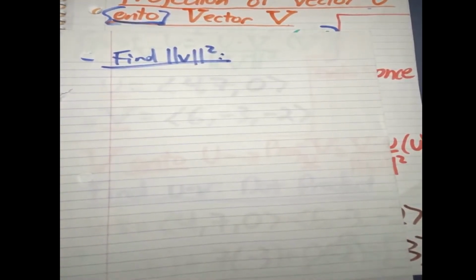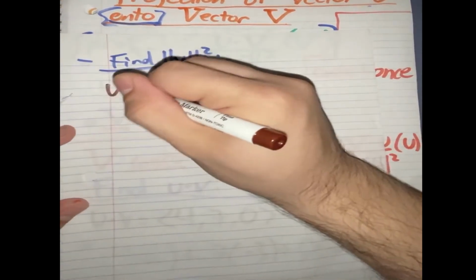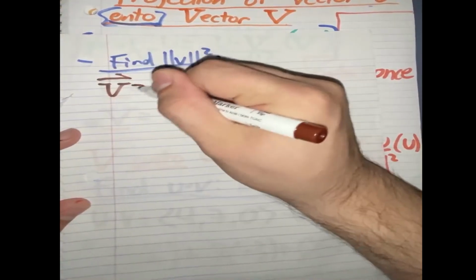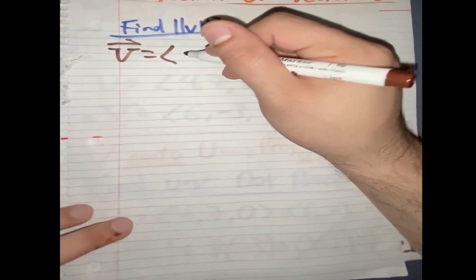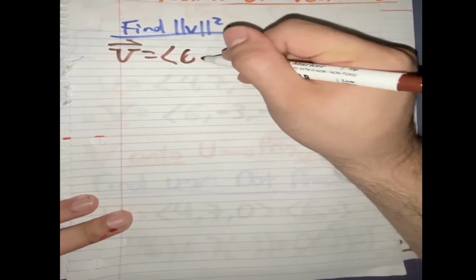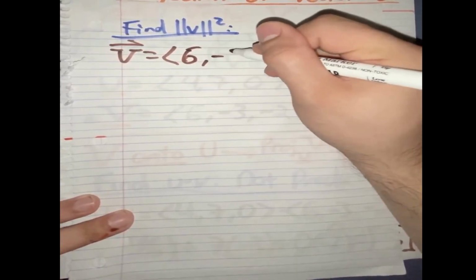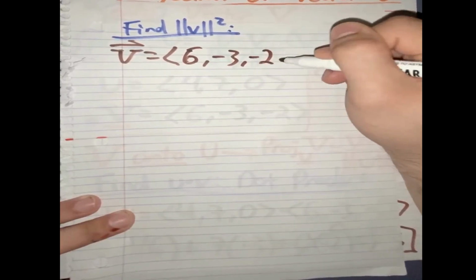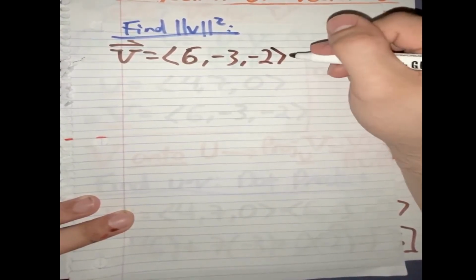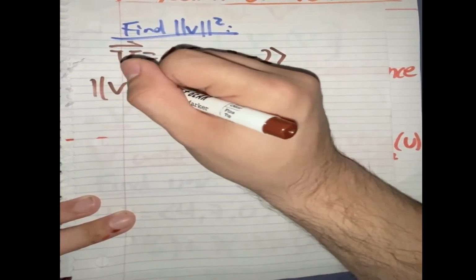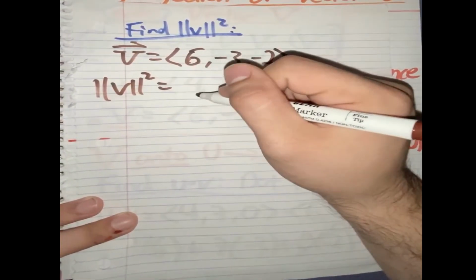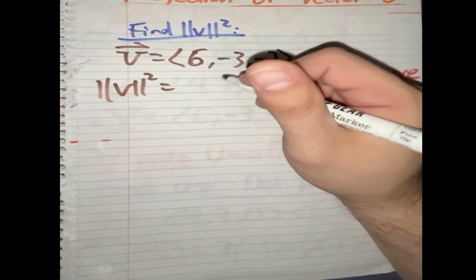So our vector v is 6, negative 3, negative 2. And then to compute the magnitude, we square each term, add the terms together, and then take the square root.